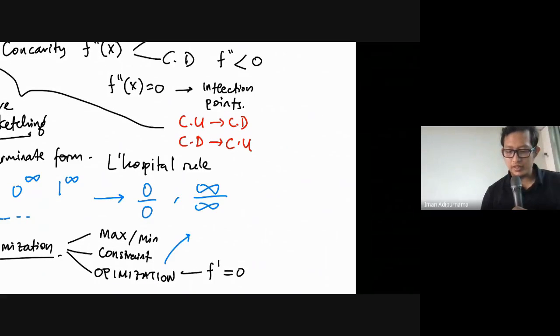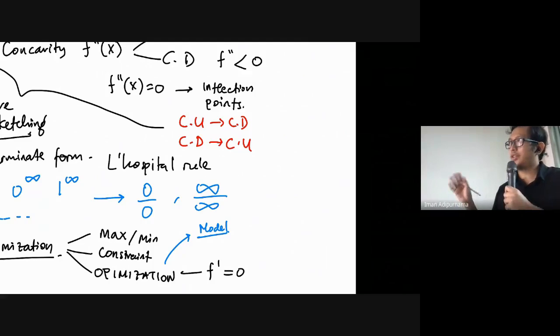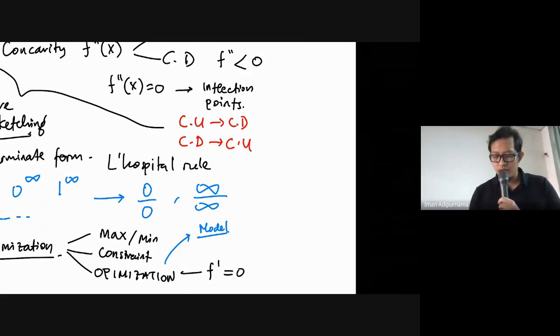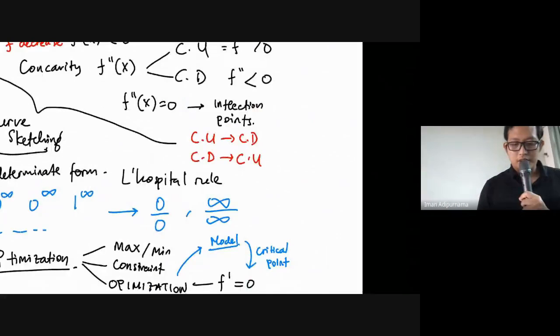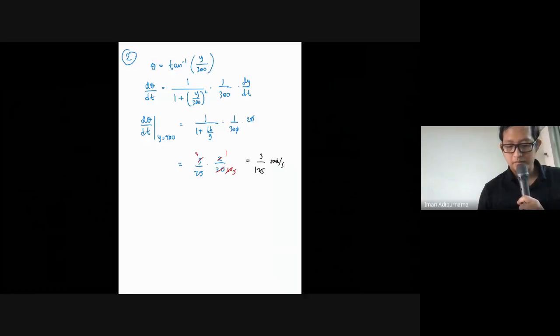To find the models of the functions, if we don't really know the behavior of the functions, then just use the model as given in the questions. If you want to simplify the models, then check the f prime, and then we get the critical point, and use the critical point to maximize or to minimize. Okay, I will start with some questions from the midterm.